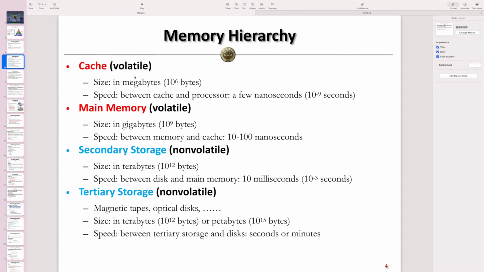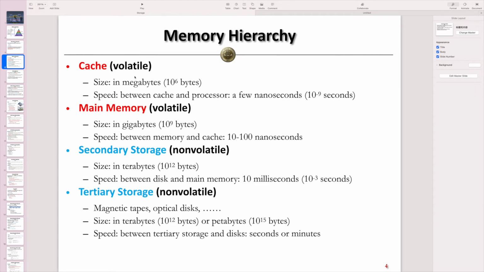The cache and the main memory are volatile memory devices. The main reason is that if we shut down the machine or just cut the power, the data inside the cache and the main memory will be lost. We can have no access to them anymore. However, for the hard drive in the secondary storage and the tertiary storage, the data will always be there.